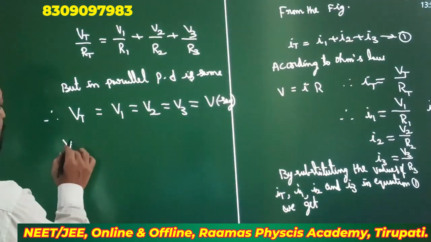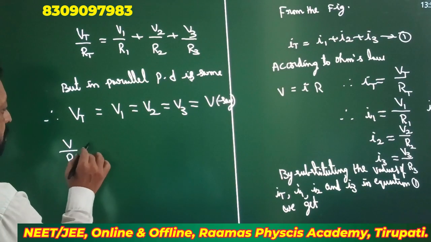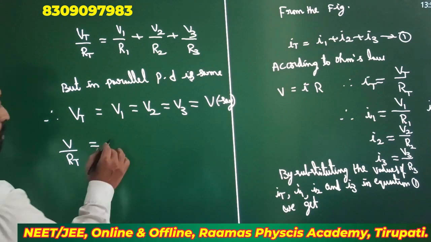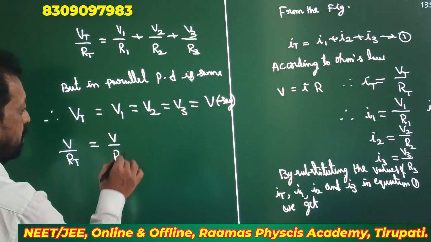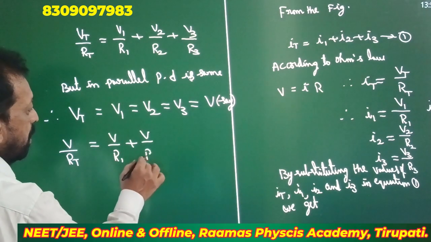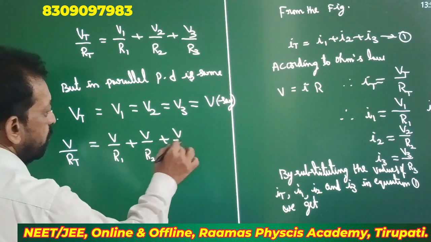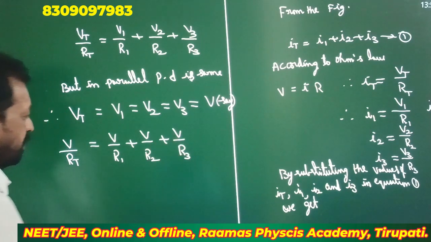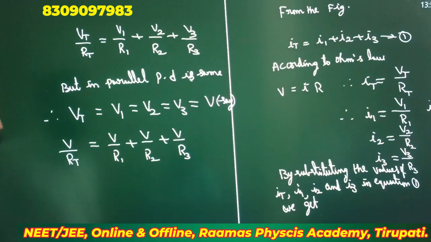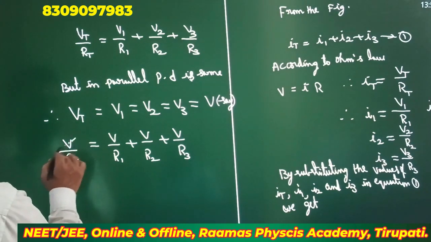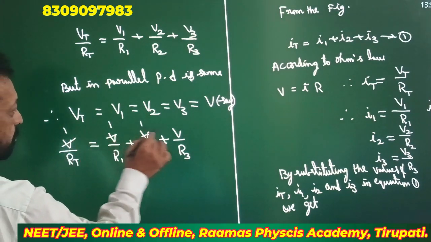Now you can write V by RT parallel, that is V by R1, V by R2, V by R3. In place of RT, you can put parallel. So V is all same, cancel the common.